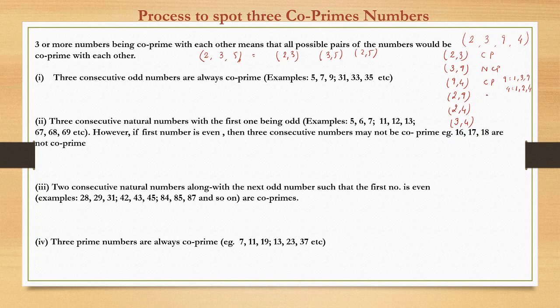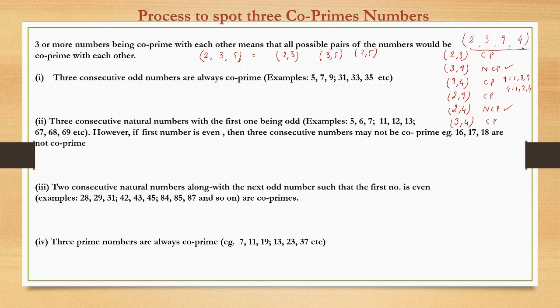Therefore 9 comma 4 will be co-prime. Similarly 2 comma 9 will be co-prime, HCF of 2 comma 9 is 1. 2 comma 4 is non-co-prime, and 3 comma 4 is co-prime. So we have six pairs. Are all the six pairs co-prime? No, we have two cases of non-co-prime numbers. Therefore we cannot say the quadruplet 2, 3, 9, 4 is a co-prime quadruplet.